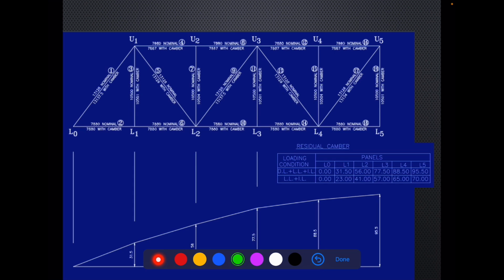So the fabrication of an open web girder is done according to camber lengths.